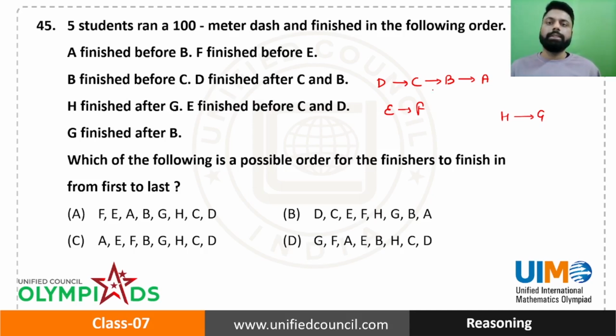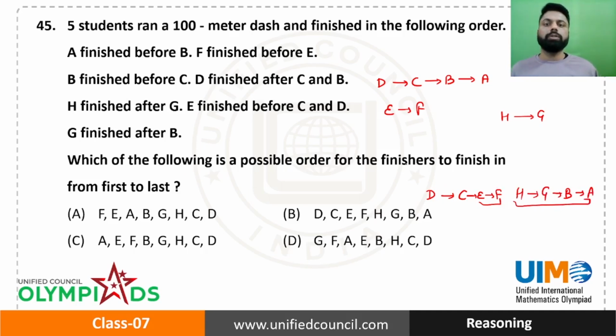Before C and D, that means E will be here. This is B, C and D. So E is here, F is here. We do not know about their positions. And G finished after B, and then H. We do not know the relation between these two.